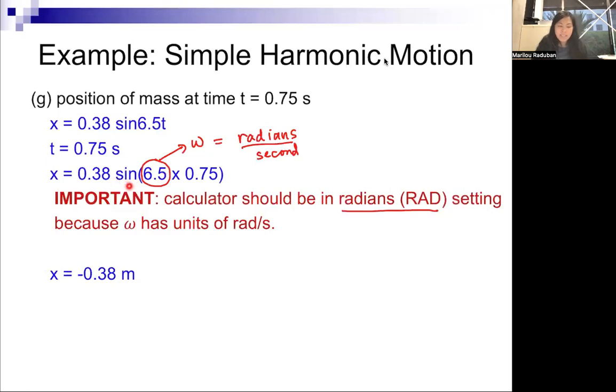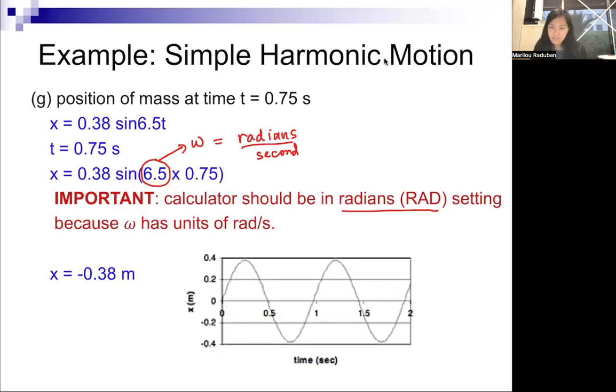When you calculate the sine, you should calculate the angle in radians. If you calculate it in degrees, you will get a different answer. You'll get a positive answer, and that will be incorrect. So make sure your calculator is set to radians, and you should get negative 0.38 meters.